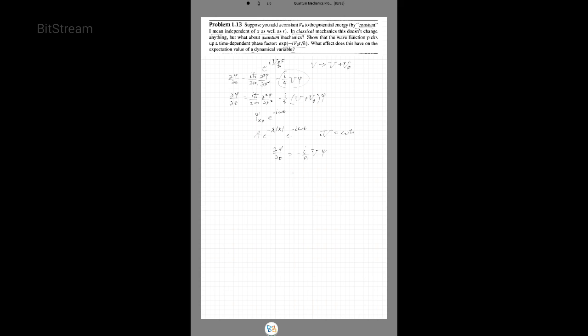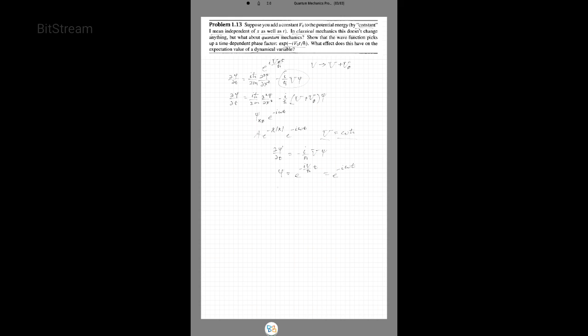So our solution is just e to the negative i v over h bar t. I guess I don't need the i there. And then we choose to rewrite that as e to the i omega t, so that we have just our simple form of energy. Our potential energy is in the form of the frequency times h bar.